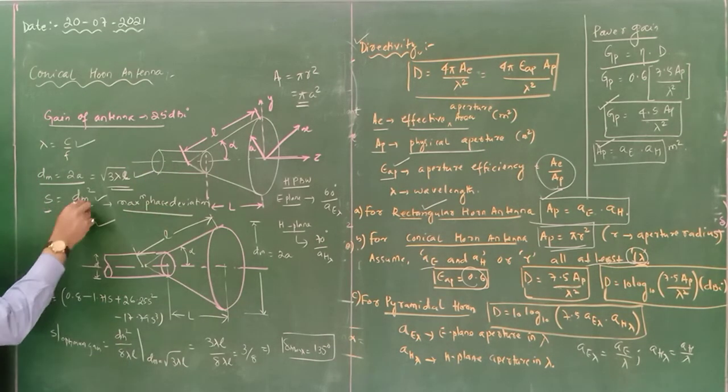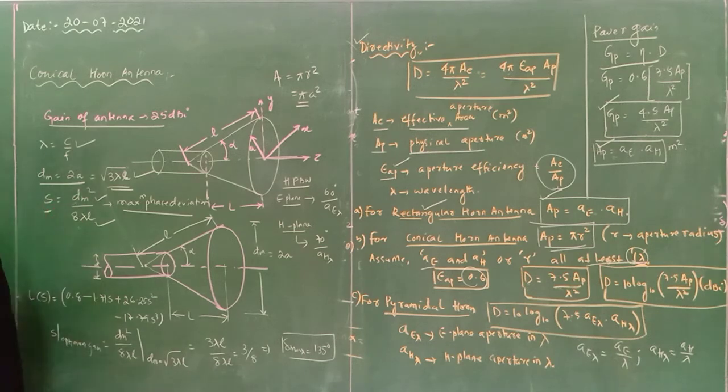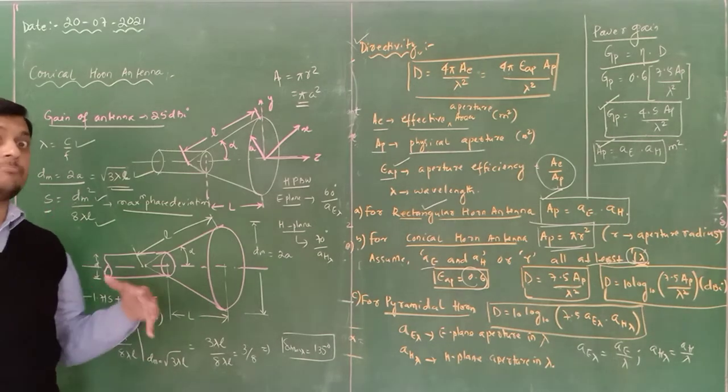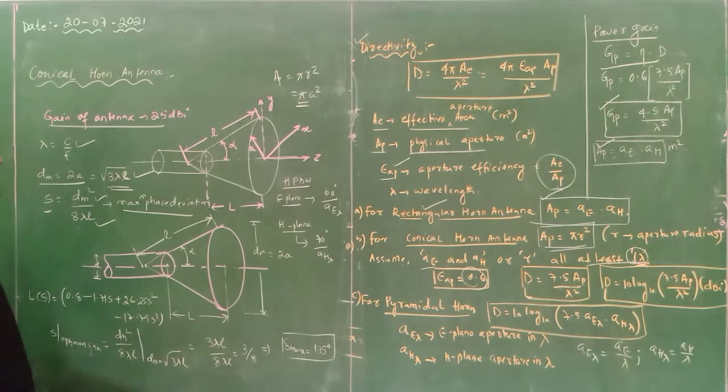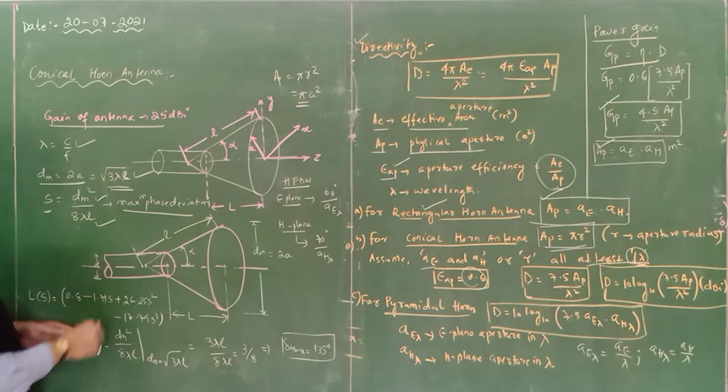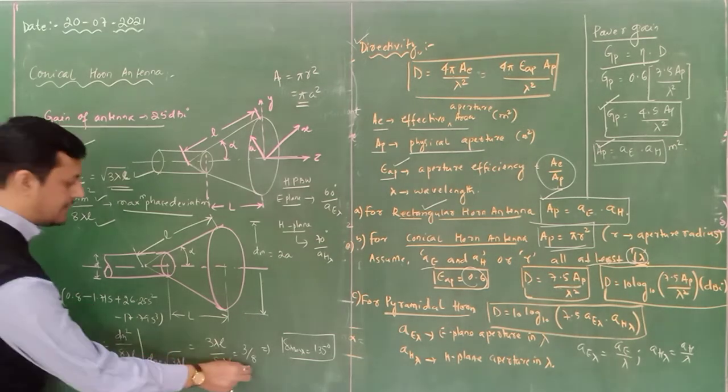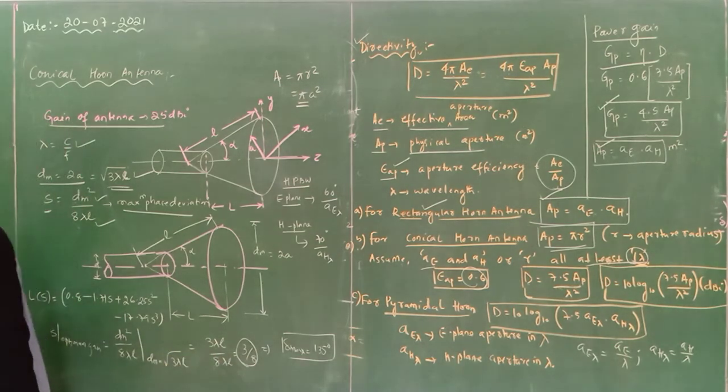So S is equal to dm square by 8 lambda L. What is the optimum gain, meaning the maximum value? If you substitute dm as root of 3 lambda L, S becomes 3 by 8, not more than that. This is our fixed value, the optimum gain, that is the maximum power gain.